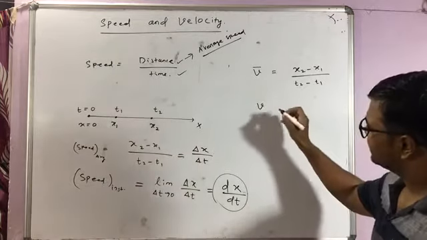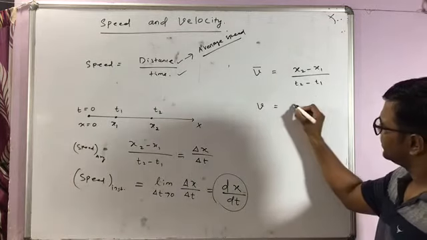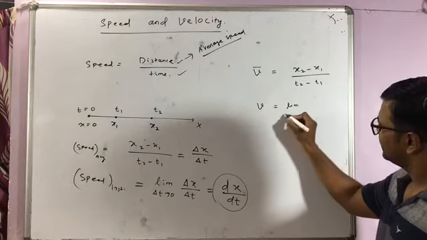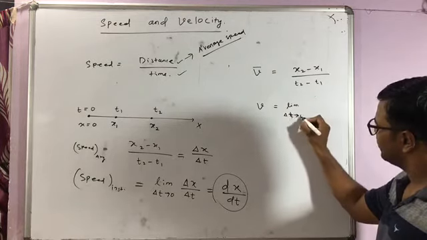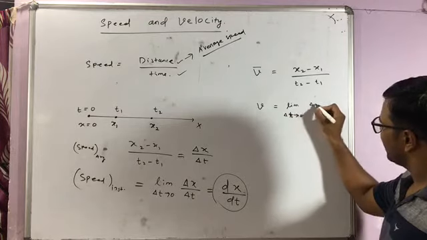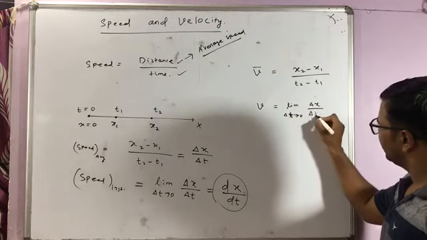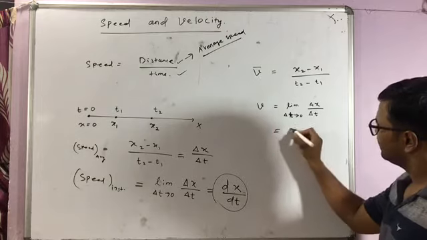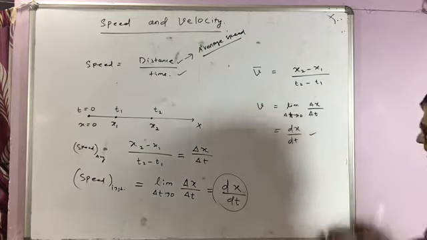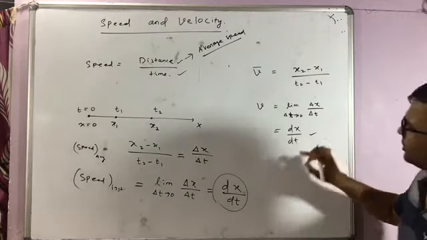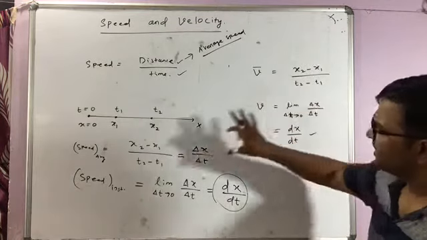And your instantaneous velocity is simply written v, which is nothing but limit delta t tends to 0 of delta x upon delta t, or dx by dt. So it is your instantaneous velocity. Got? The only difference is one is a vector quantity and the other is a scalar.